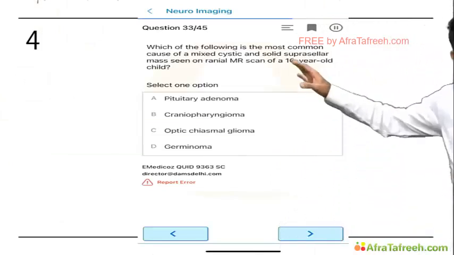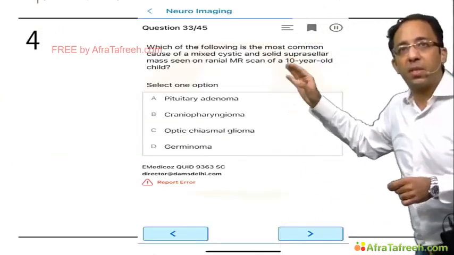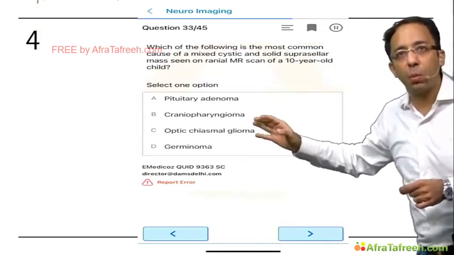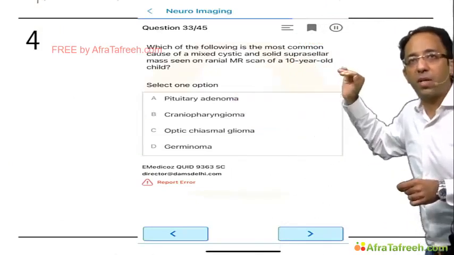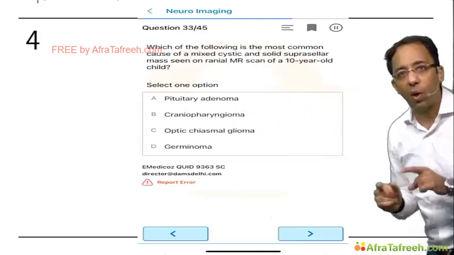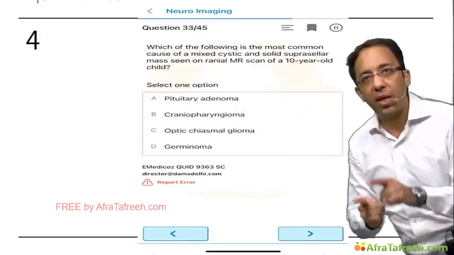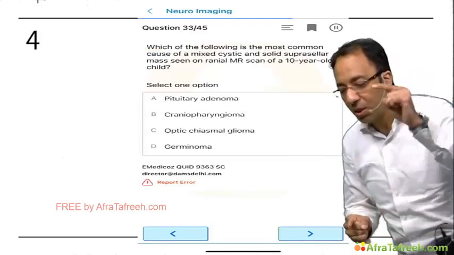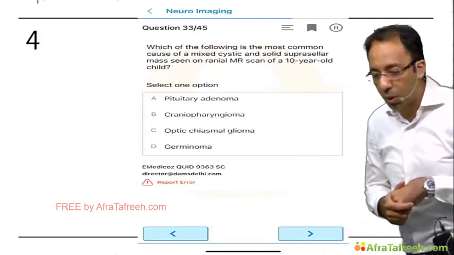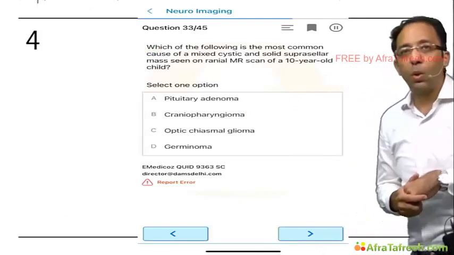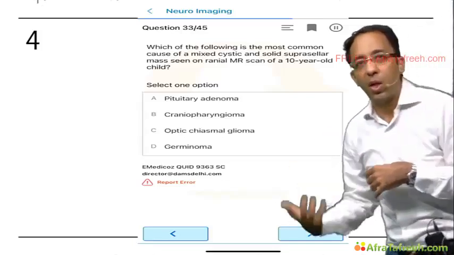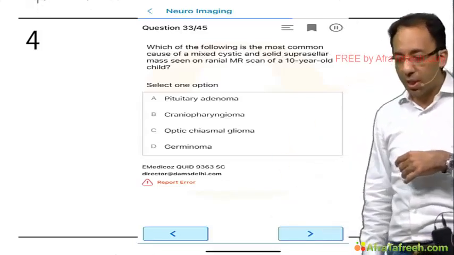Which of the following is a cause of mixed cystic and solid suprasellar tumor on an MRI of a 10-year-old child? Read the words: 10 year child, suprasellar.